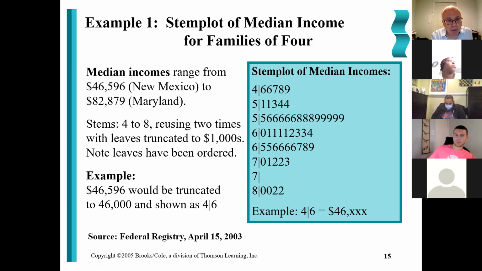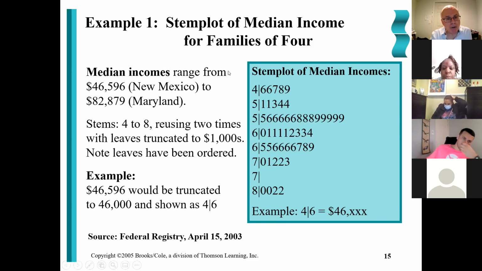All right, here's another example here. Now, in this example, what you're plotting on the stem plot is a large number. These are incomes that have 5 digits to them. And this is a little confusing if you're not used to this.